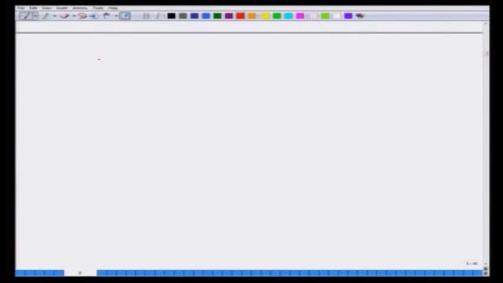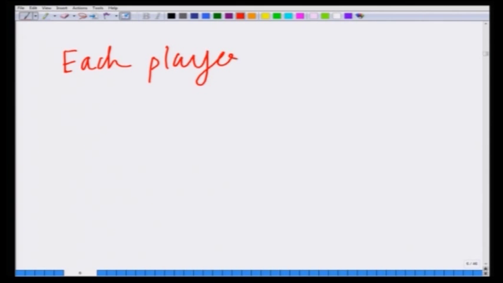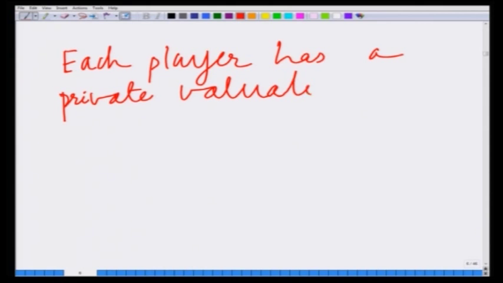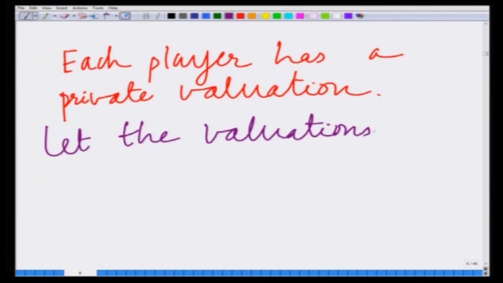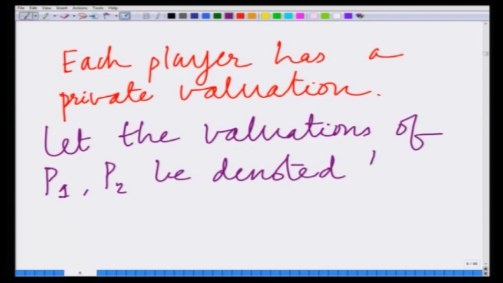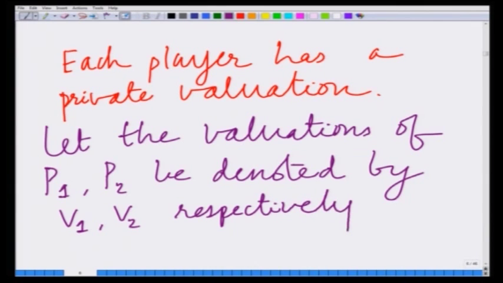Let us denote the valuations of players P1 and P2 by V1 and V2 respectively.